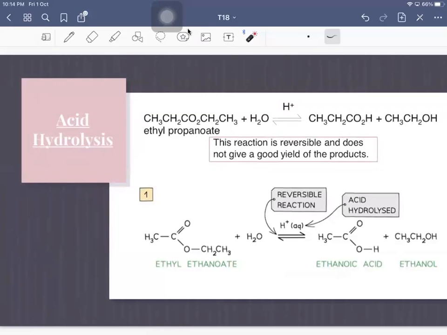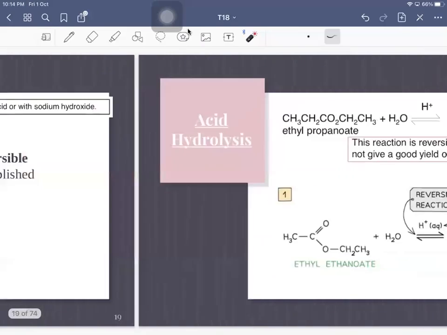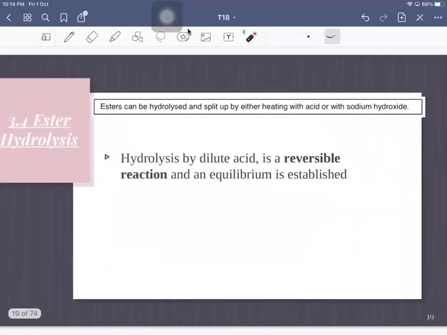So this is what happens. I will draw it for you. Since the equation is given to you, I will show you what happens during hydrolysis. If I have an ethyl propanoate, which you already have under acid hydrolysis, right?